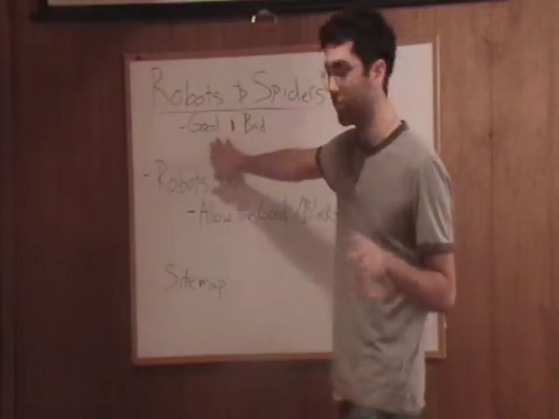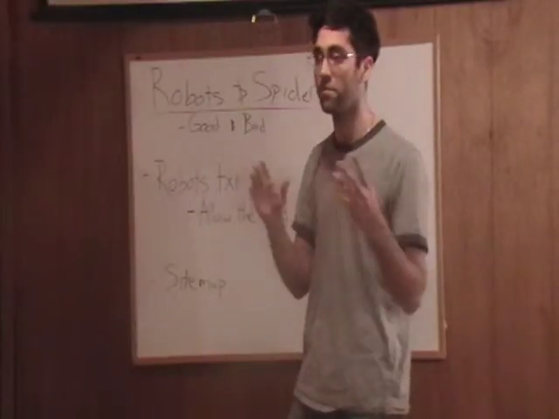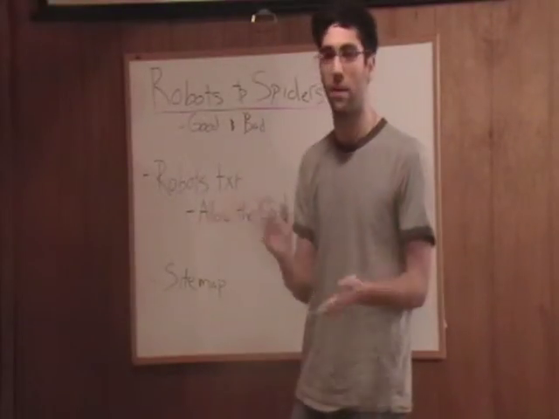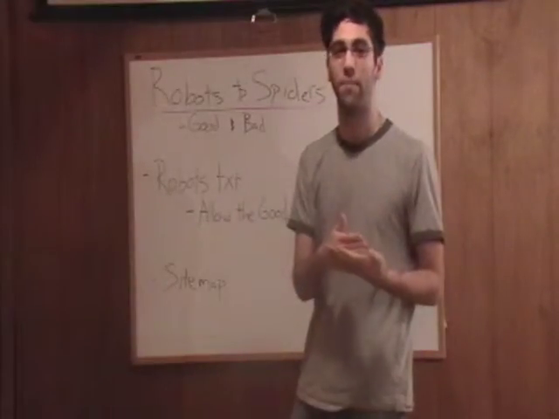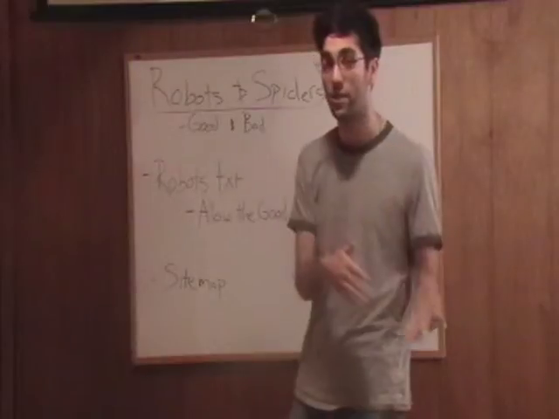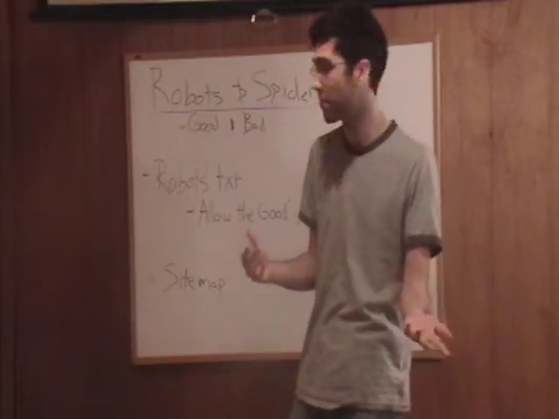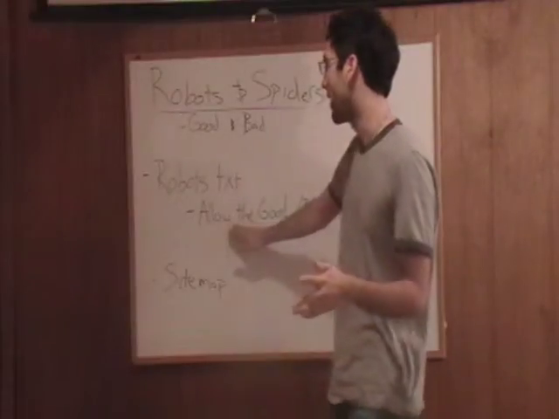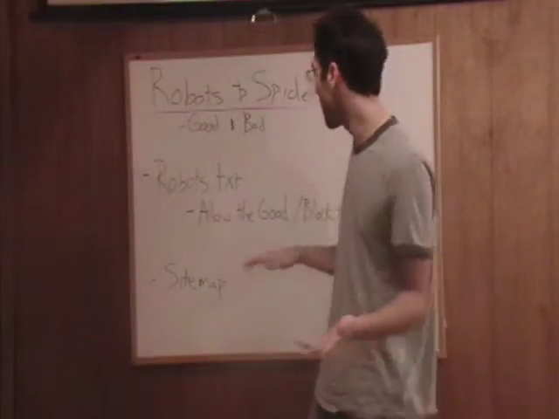For an example of a good one, you would say user agent Googlebot, don't allow it to go into, maybe you have a private directory, maybe you have a directory that's set up specifically for clients to look at that you don't want to be made public, that you don't want coming up in search results. And allowing it to go through everything else to index your site.